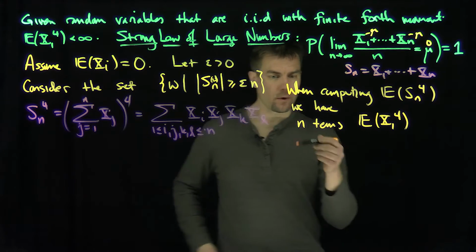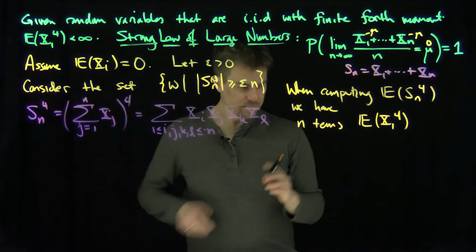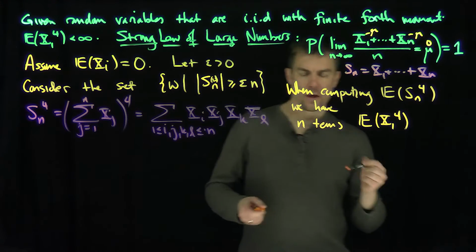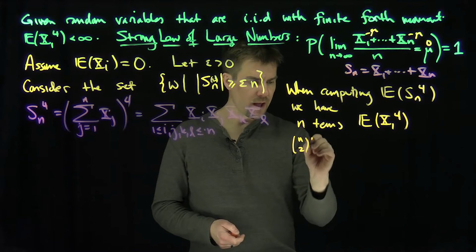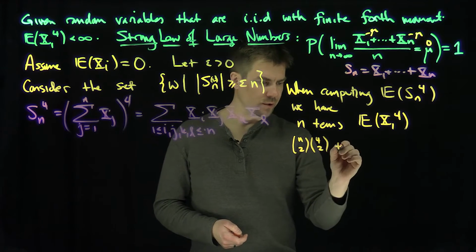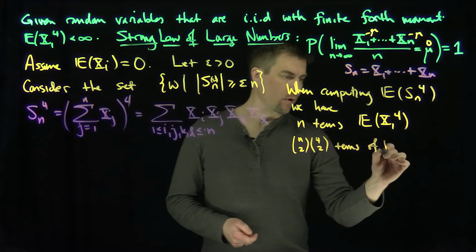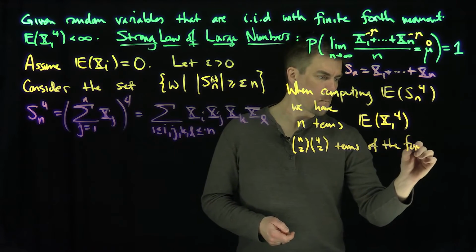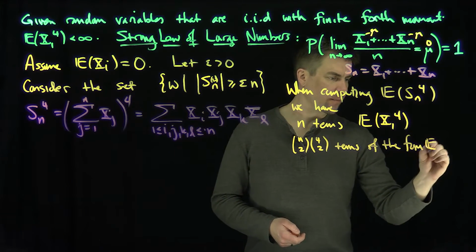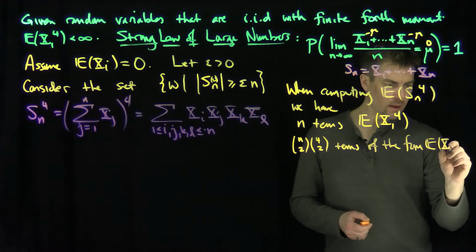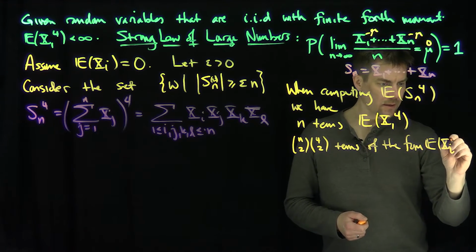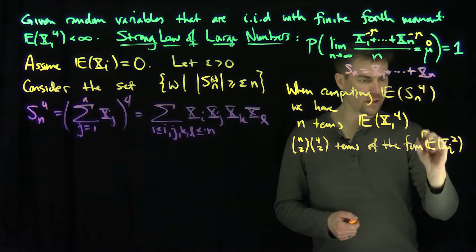We'll have terms of this form, and how many terms? I'm going to have n choose 2, and then 4 choose 2 terms of the form expected value of Xi squared, quantity squared.